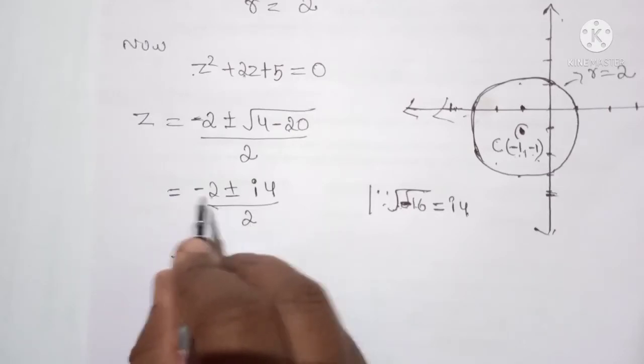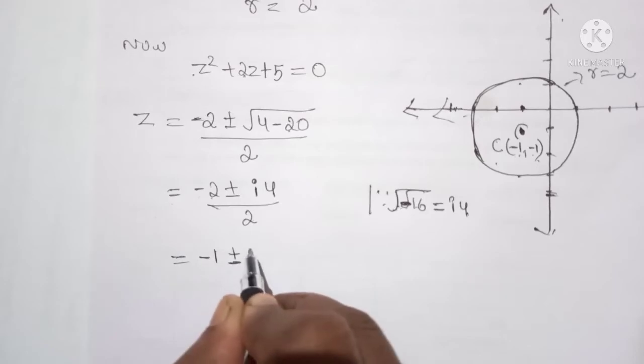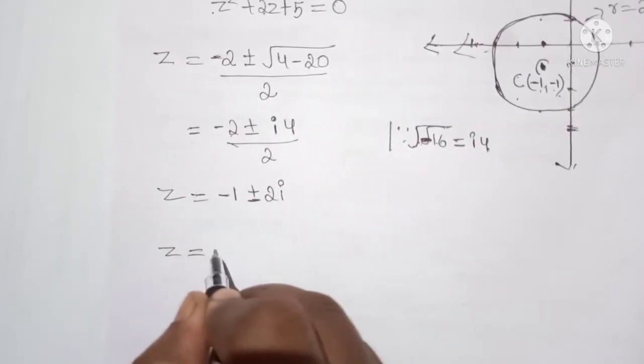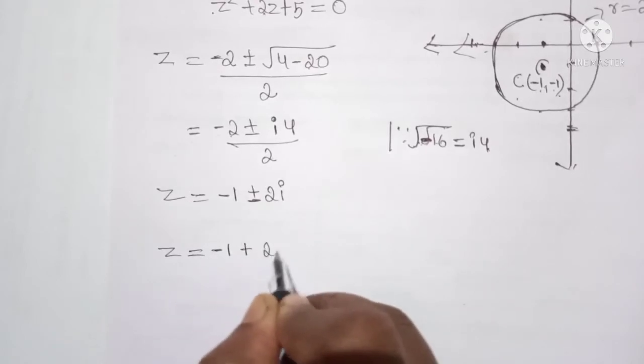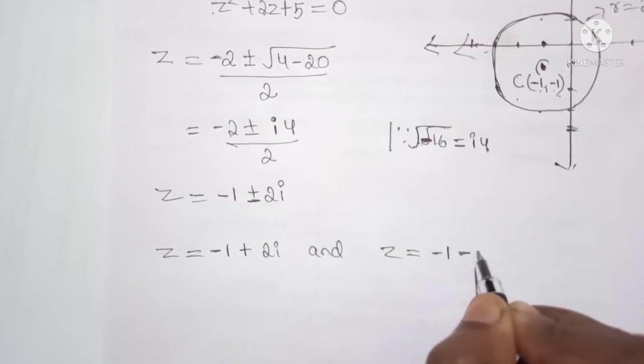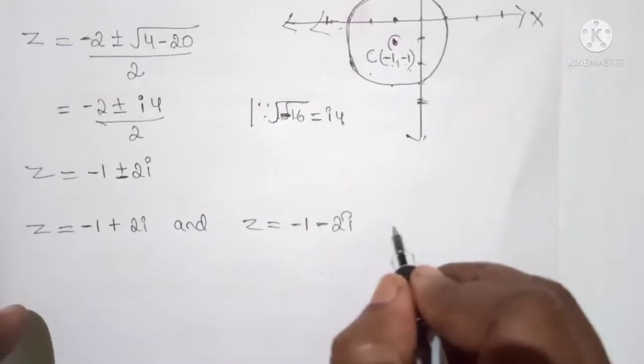On taking 2 outside and cancelling we get minus 1 plus or minus 2i. So this is our z. Therefore z equals minus 1 plus 2i and z equals minus 1 minus 2i. These are the points of singularity.